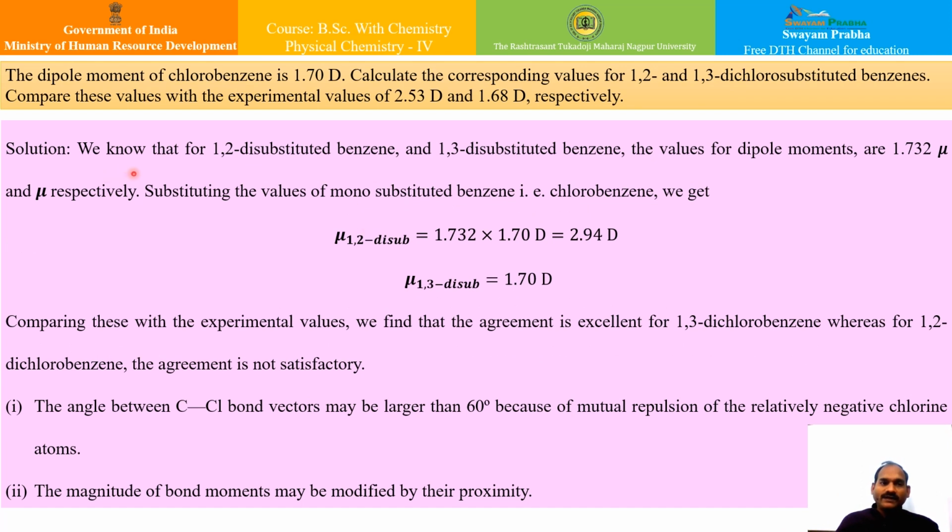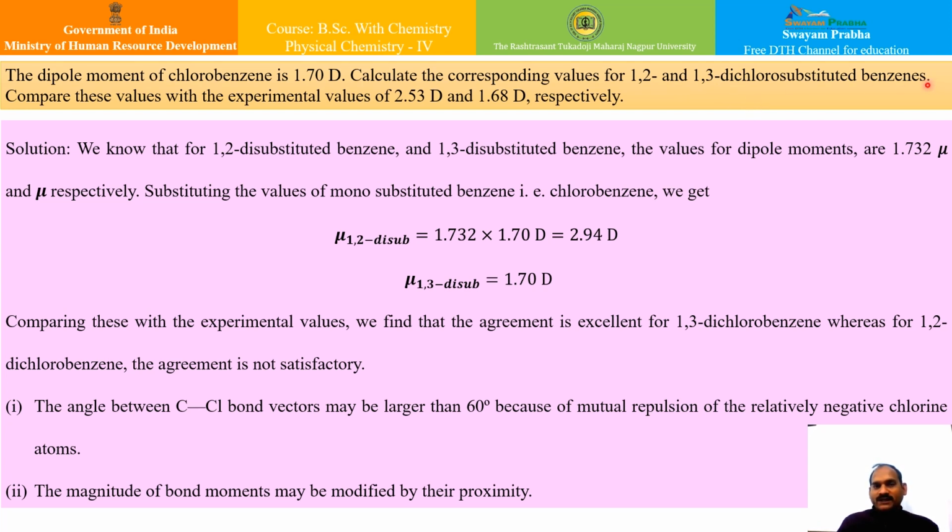Let us now have a look at another numerical. What is asked here? Herein it is asked that the dipole moment of chlorobenzene is given as 1.70 D. Now we need to calculate the corresponding values for 1,2 and 1,3 dichloro substituted benzenes.